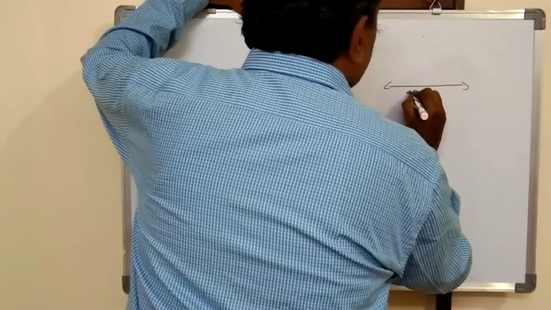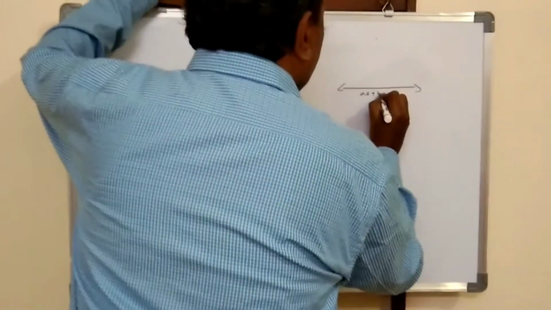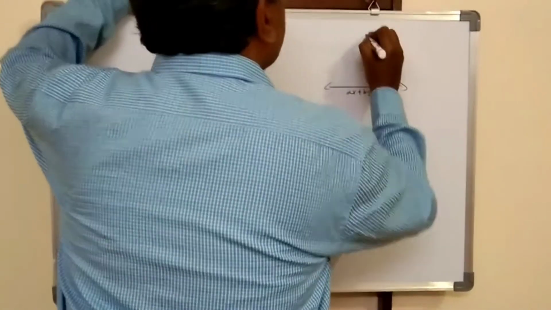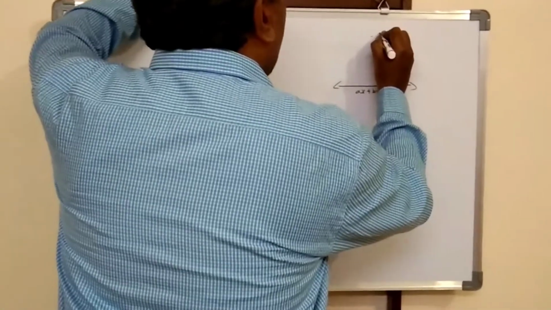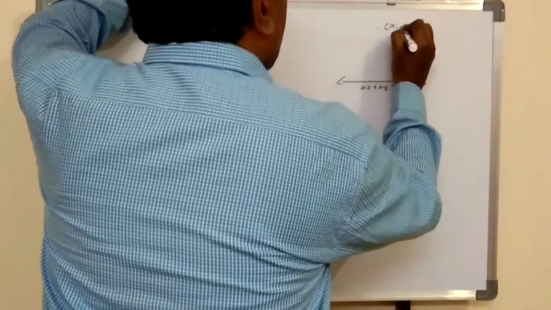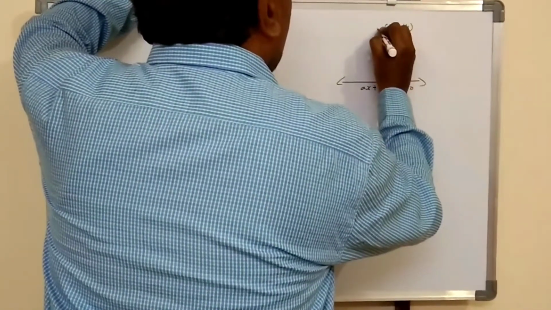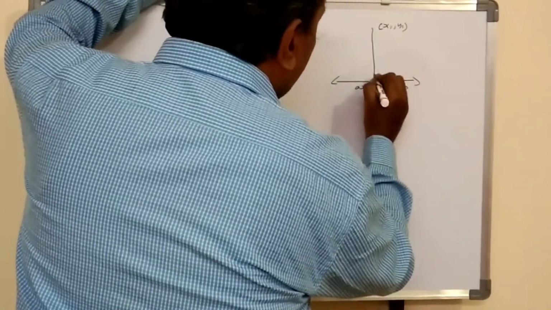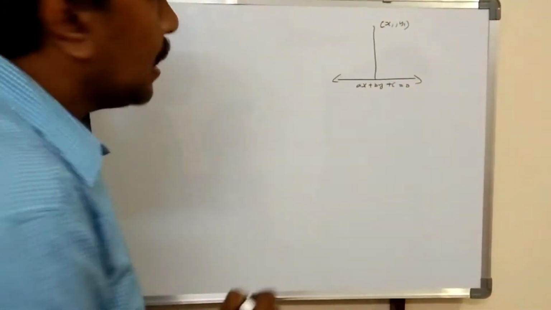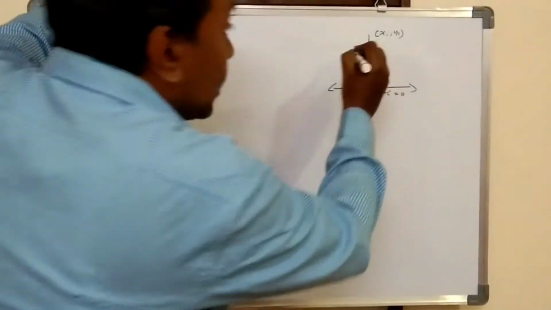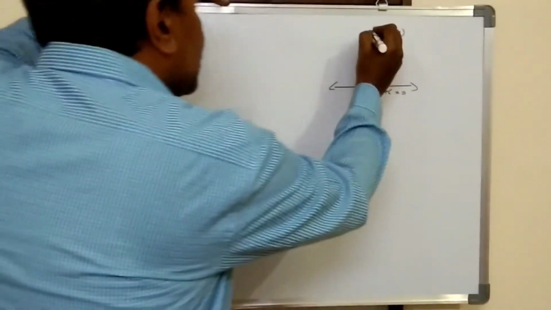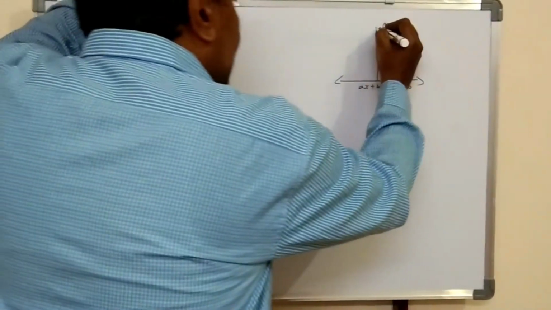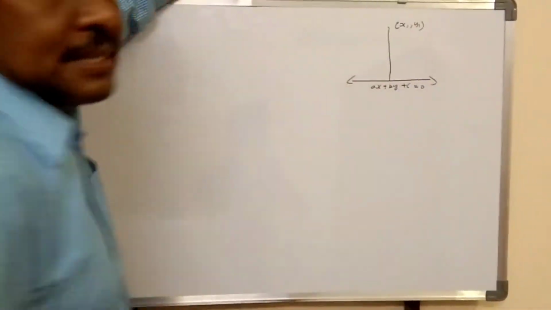The equation of the line is, as you know, ax plus by plus c is equal to 0, and the coordinates of the point are x1, y1. This is the perpendicular line joining this line and the point. So actually this is the shortest distance from this point to the given line. You need to find the shortest distance.